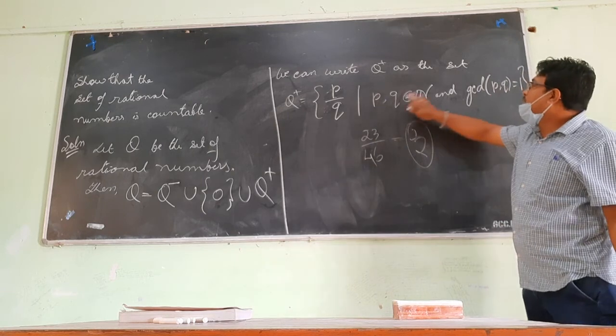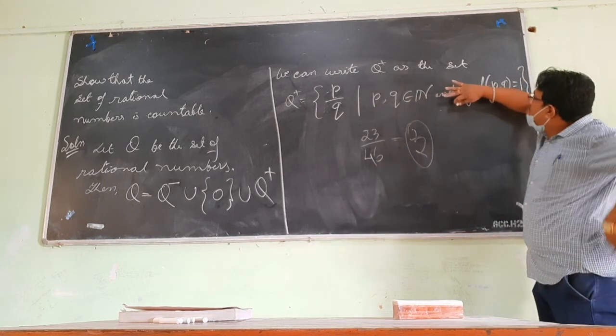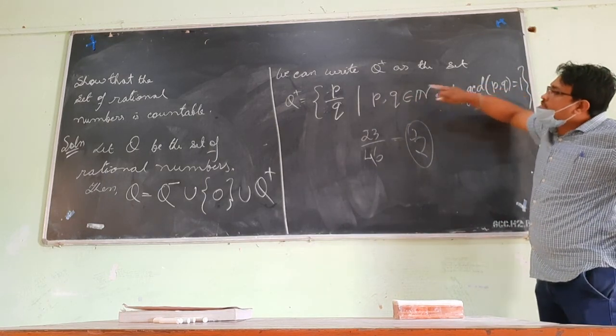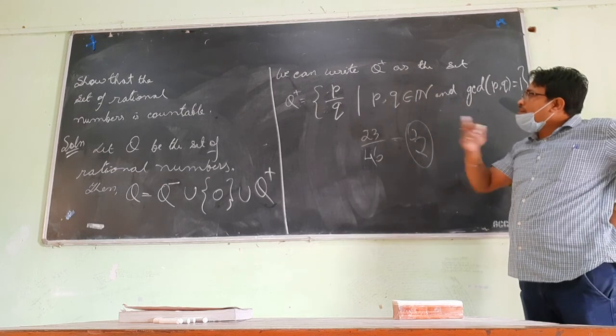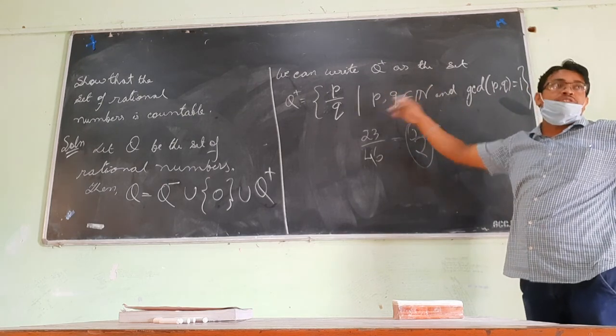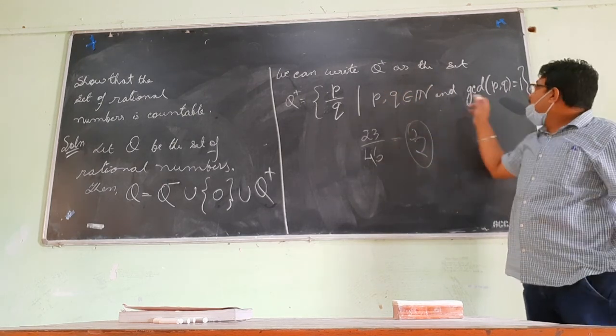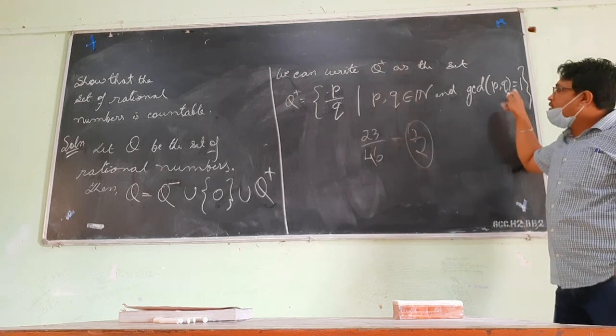If I just write p and q belong to natural numbers and I do not write this condition, then one rational number will have infinitely many repetitions. But if I write GCD of p and q as 1, there is no repetition.